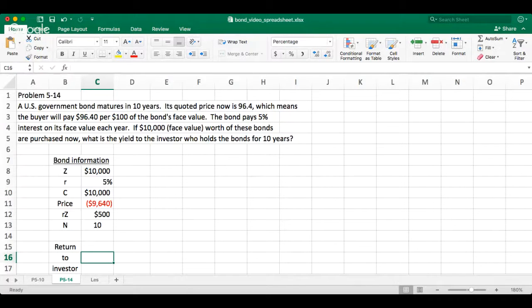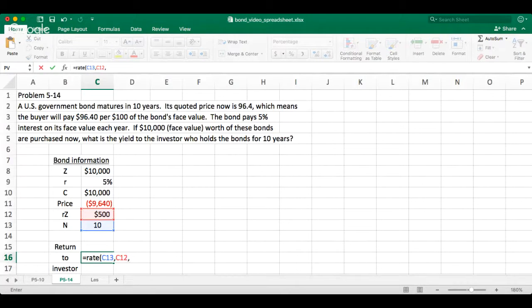Like the previous problem, problem 10, this is a one function answer, and it's the rate function. Remember, we did the rate function in class. The number of periods is 10. PMT is represented by the annual dividends received.